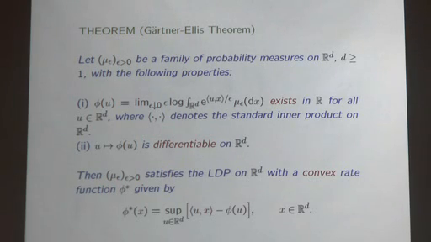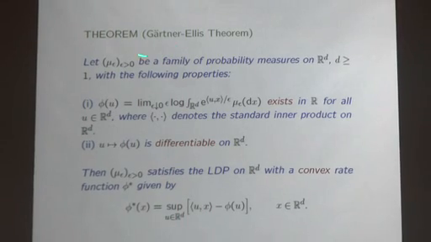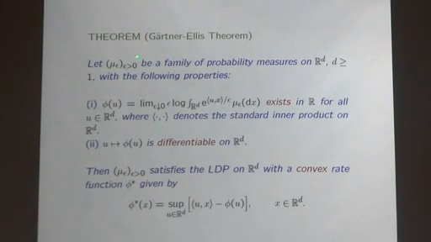I'm going to give you an example of a very direct way of computing the rate function in such a setting, and this is referred to as the Gärtner-Ellis theorem. It was first stated by Jürgen Gärtner from Berlin, and later Ellis generalized this to a somewhat more general setup.